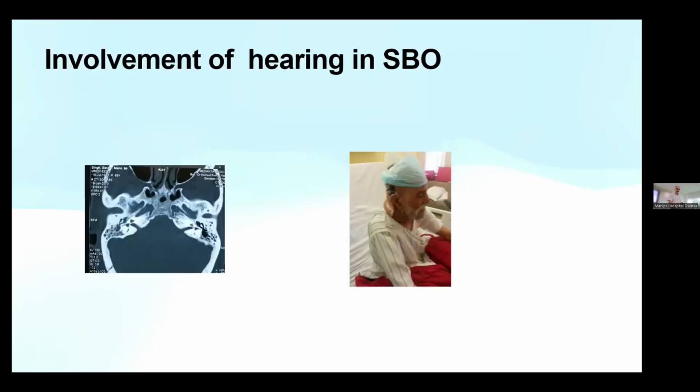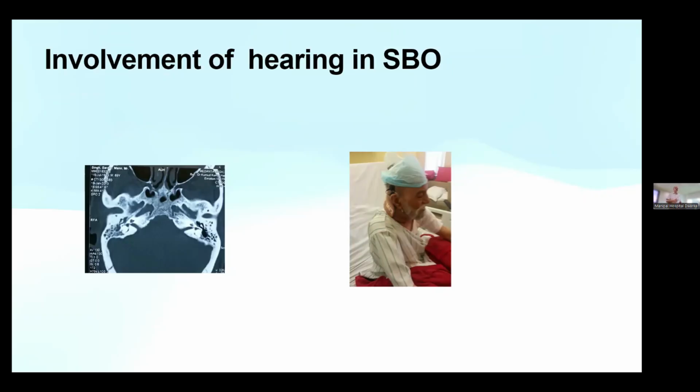I'll show you one patient. This patient had come to us in 2011. He was a Jat Sikh from Punjab. He came with skull base osteomyelitis. He responded for some time, went on for 6 months, was given antifungals. Suddenly his hearing went off, and the CT showed involvement of the cochlea and the rest of the petrous temporal bone.